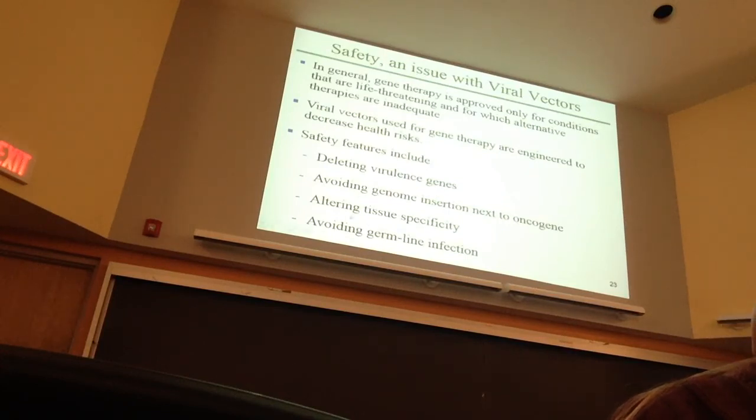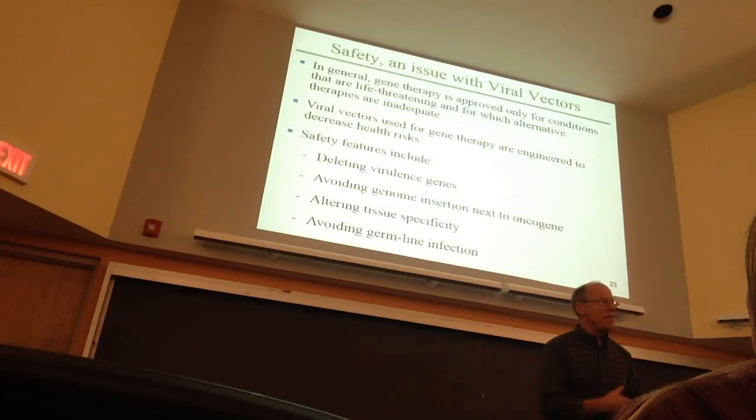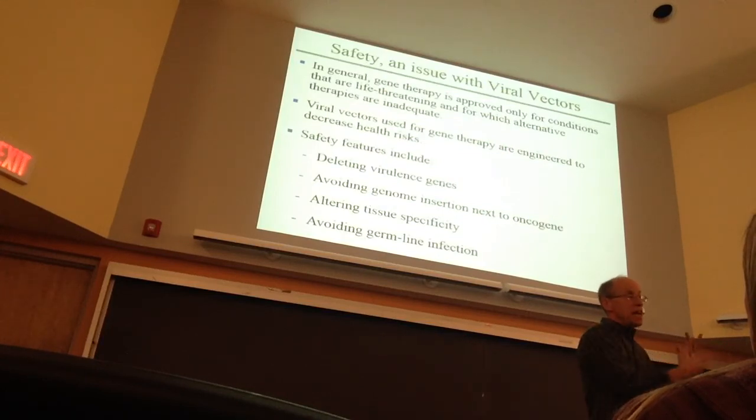Altering tissue specificity, I've talked about already. And then there are rules in place that say, no, don't alter your sperm or egg cells and then carry this genetic modification on to the next generation.